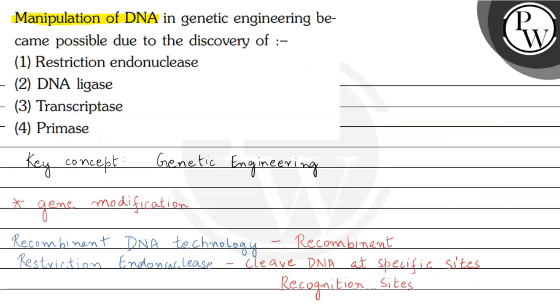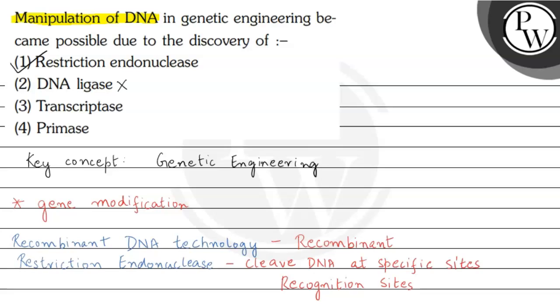So if we come back to the question, then the first option says restriction endonuclease. So this is the correct option because with the discovery of restriction endonuclease, it became possible for the discovery of genetic engineering. The second enzyme is DNA ligase. So DNA ligase is also an important enzyme for genetic engineering, but its discovery did not lead to the discovery of genetic engineering.